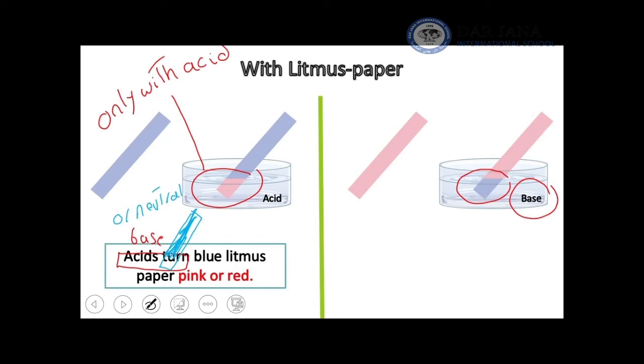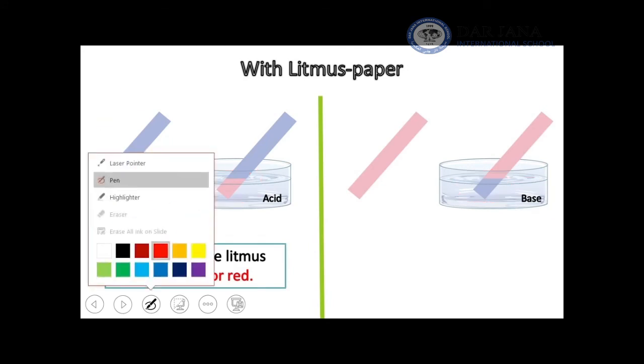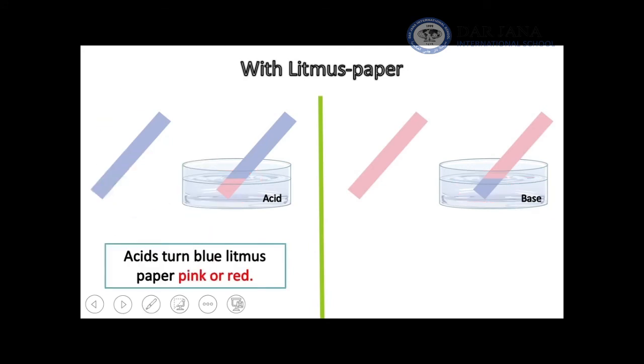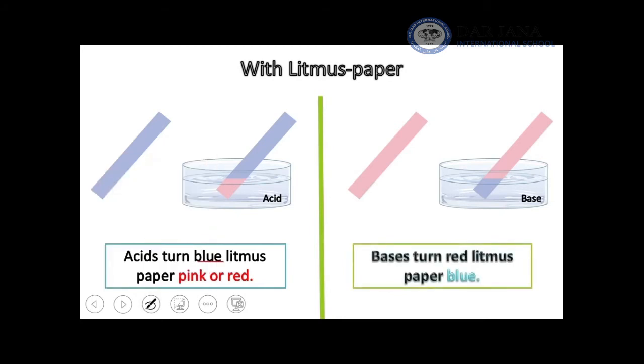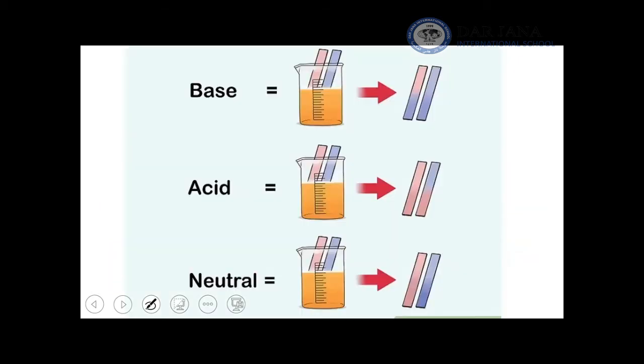So acids turn blue litmus paper pink or red. Bases turn red litmus paper blue, like this example.